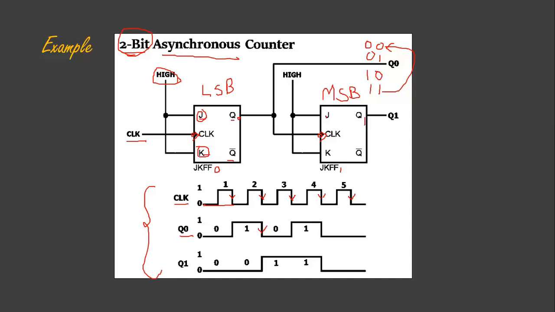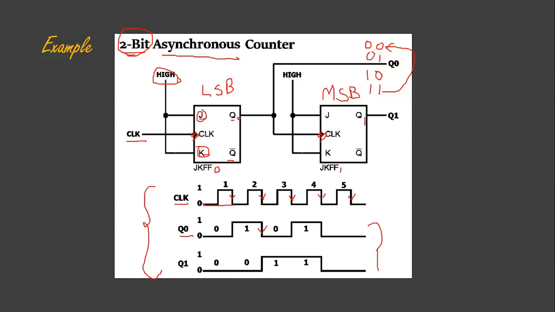After the second clock, the first flip-flop will toggle again, come to 0, and I will receive the first negative edge in my LSB output. Due to this negative edge, flip-flop 2, which is the MSB flip-flop, will toggle and show you 1. This process will continue and you can see the completion of the waveform.